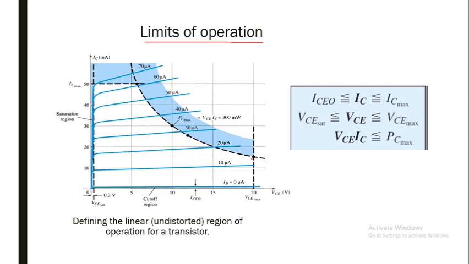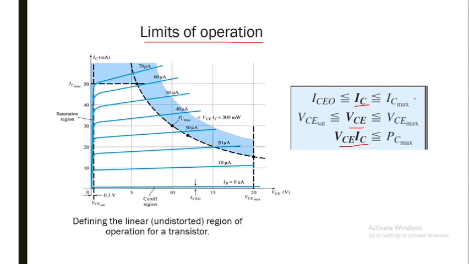Limits will tell us where we need to bias our transistor so that we can get undistorted output signal. In this case, we have certain limitation on IC and VCE, and also their product, that is power dissipated by this transistor.